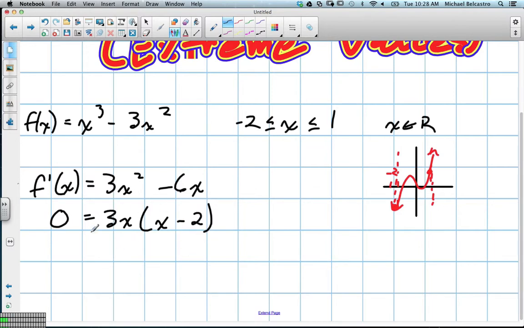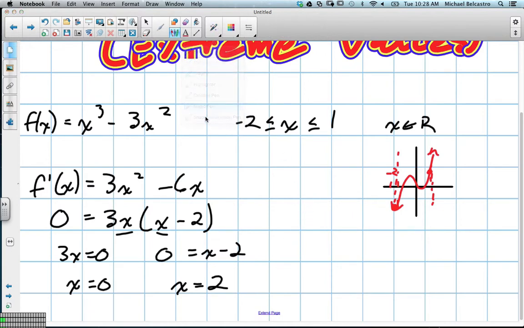With that being said, we have two values of x that could make it 0: 3x equals 0, and 0 equals x minus 2. If either of those equals 0, we have an equation of 0. So when x is 0 or when x is 2, the rates of change are 0. So we can use 0 and 2.